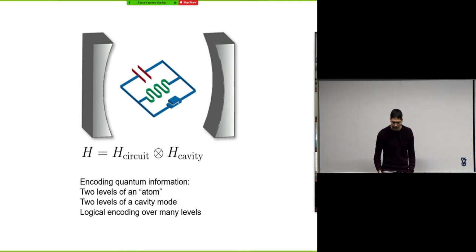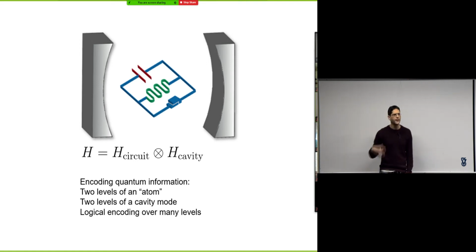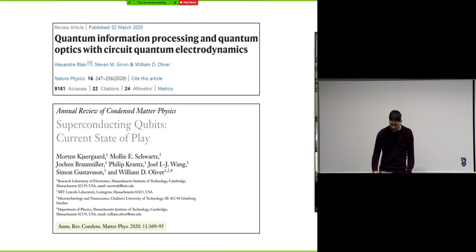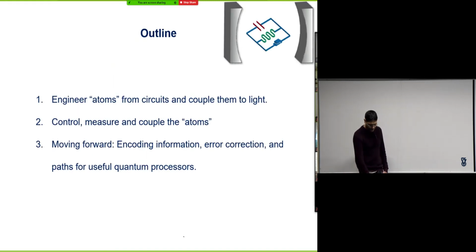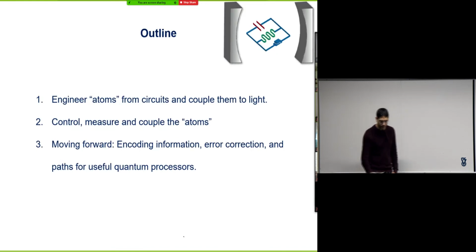If we have time at the end, I'll even prove that you have full control over the whole system, which allows you to encode the logical qubits over many levels. But we'll get to that hopefully at the end. I gave you these references for reviews if you want to go a little bit deeper into all these things.